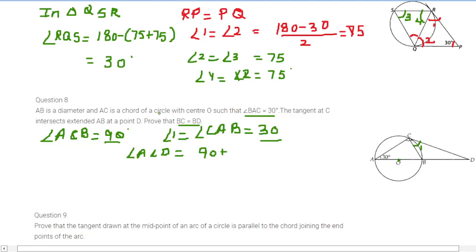Angle ACD will be 120 degrees. So now in triangle ACD, we know the measure of angle CAD plus angle ACD plus angle DCA will be equal to 180 degrees, and we know the measure of the first two angles.